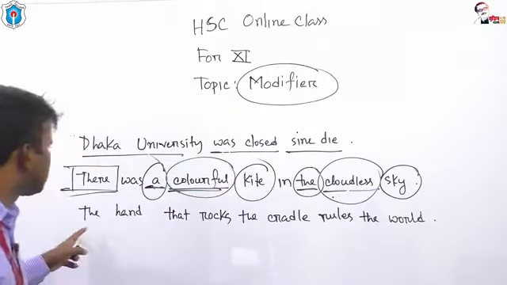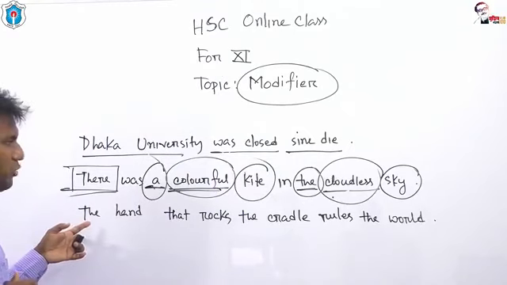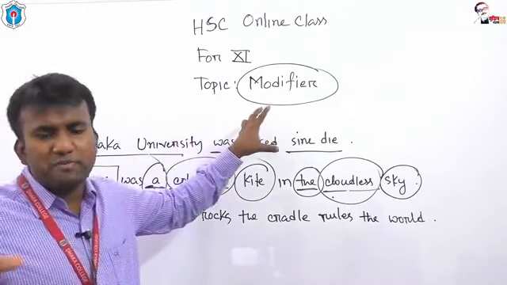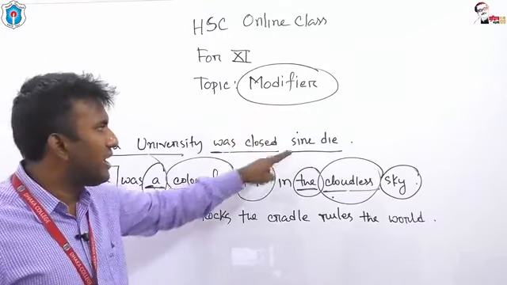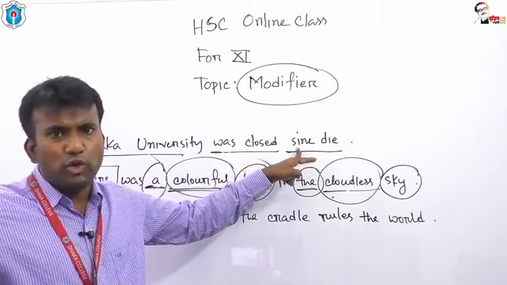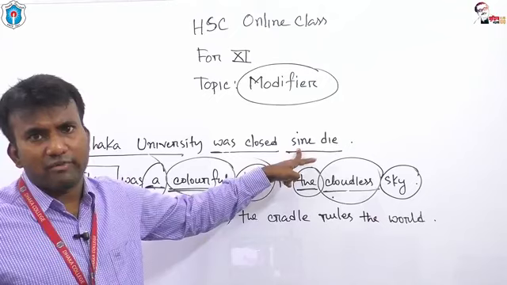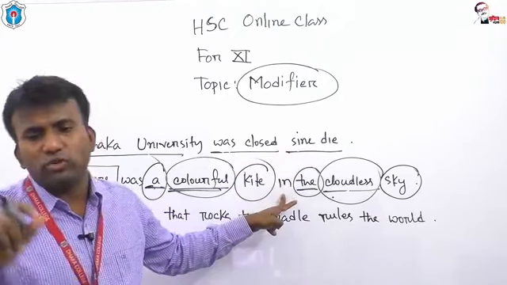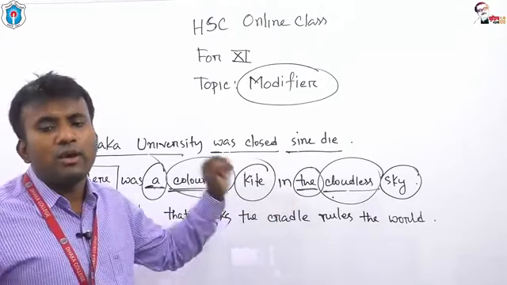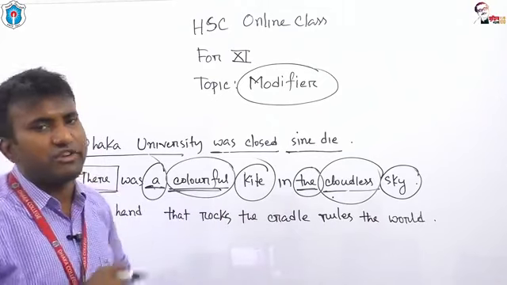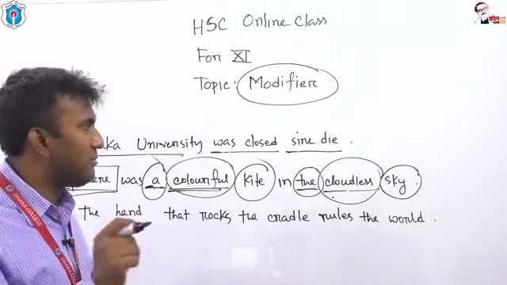So my dear students, up to this part we have calculated two sentences. According to the first sentence, I have taught you that a phrase can be a modifier. According to the second sentence, I have told you that parts of speech or a word can be a modifier.